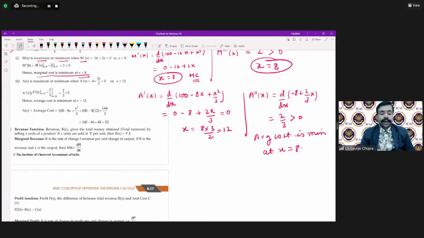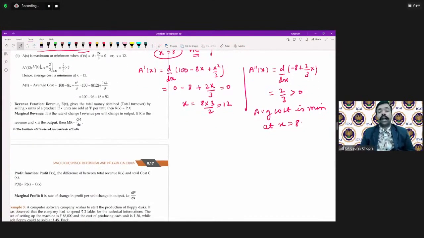Now, if we have to calculate the value of average cost, then what we have to do? We have to simply put the values in the function. The function ax is 100 minus 8x plus x square upon 3.